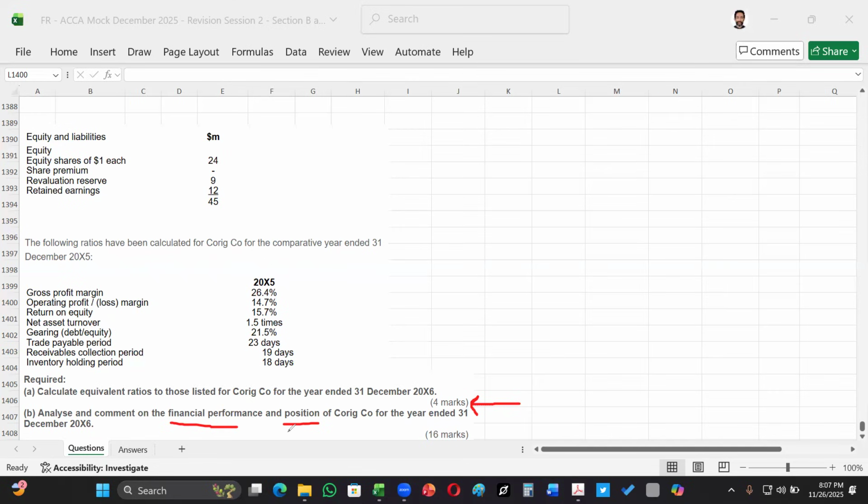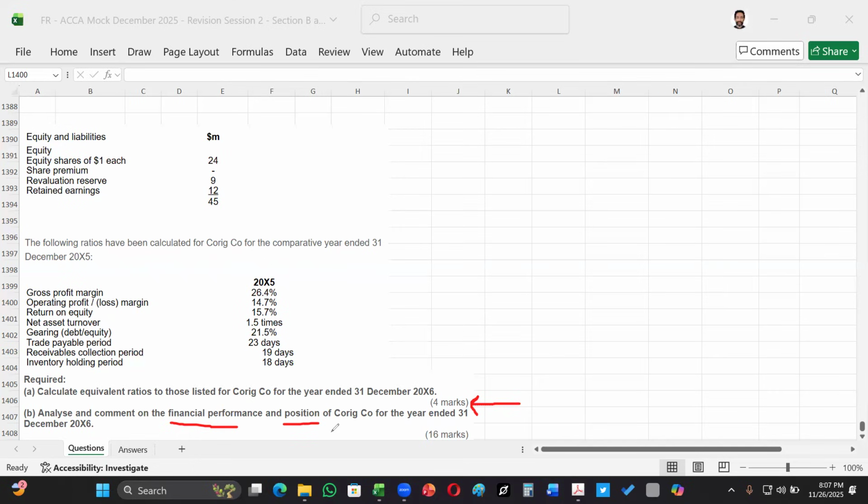Okay, so we can always have general points that the sales might have gone down, the cost of sales might have increased, or the expenses might have increased, or the incomes might have increased, things like that. These are general points, okay? These are all right, but you have to find specific information given in the question.